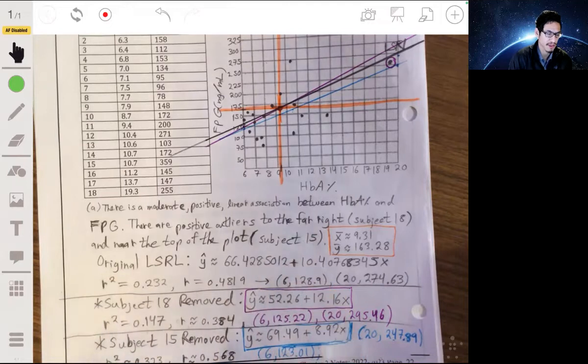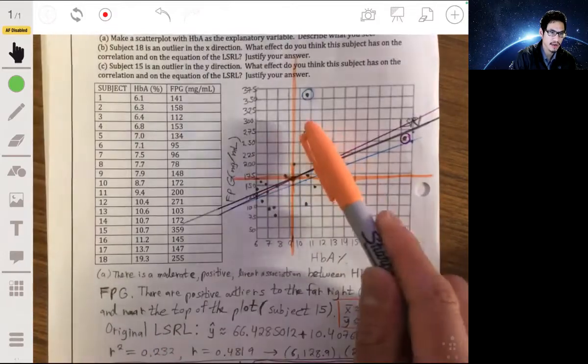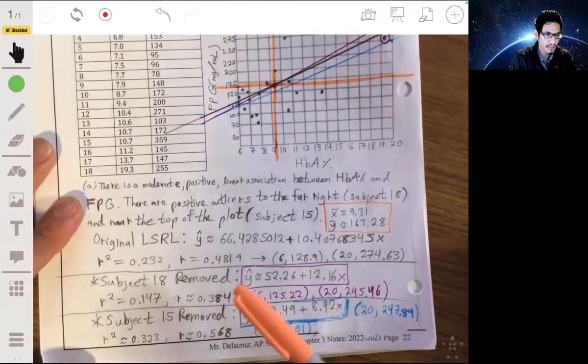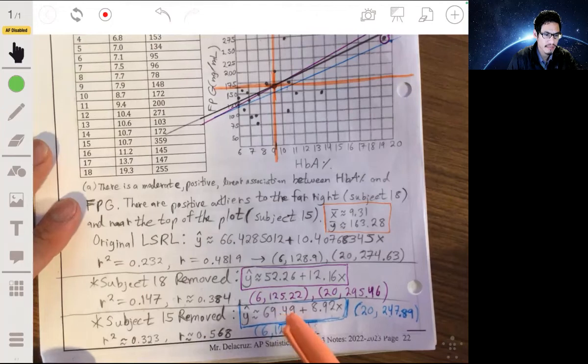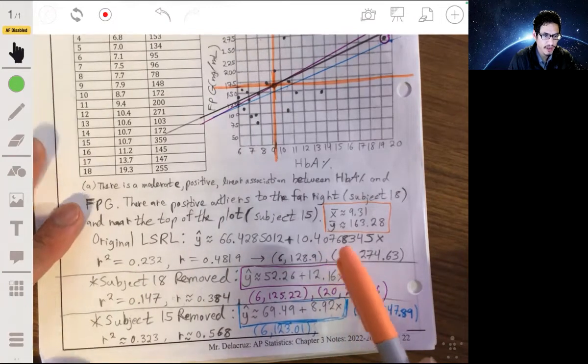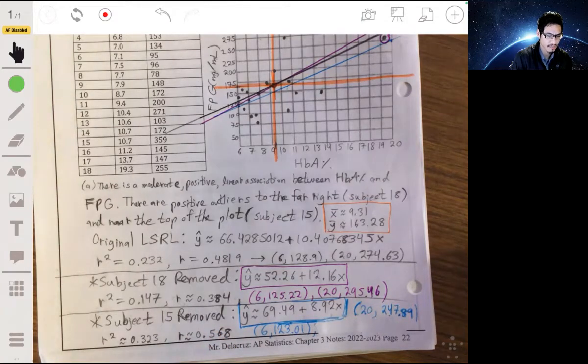So the relationship between the points, the association, became weaker. Now for the blue outlier up here, the correlation actually increased, by about 8%. The y-intercept changed a little bit, and the slope changed a little bit, like 1.5-ish. But the big thing was that the correlation became stronger. Interesting enough.